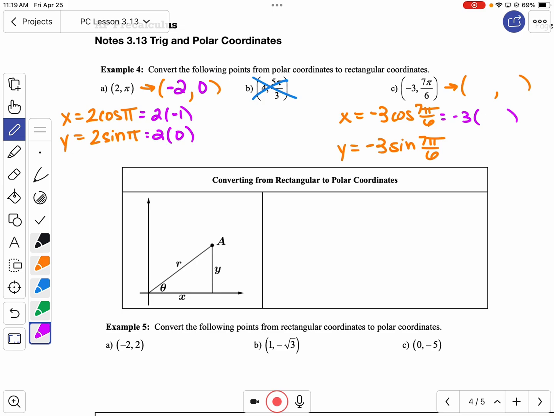The third, which means everything's negative down there. Cosine of pi over 6 is square root of 3 over 2, and sine is also negative. The top one is going to give me 3 root 3 over 2, and then y is going to be 3 over 2. And that's all.